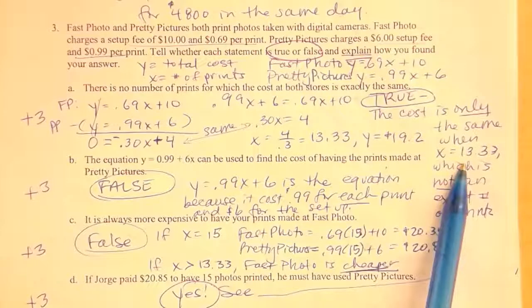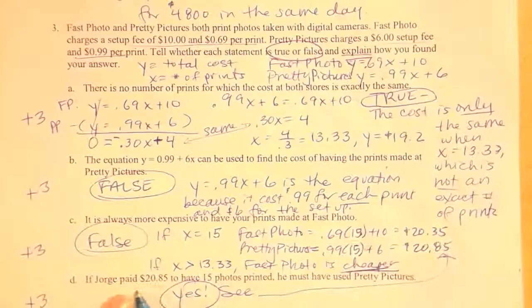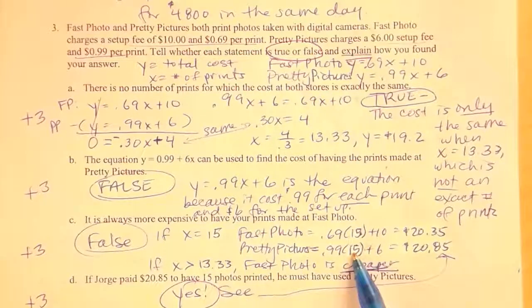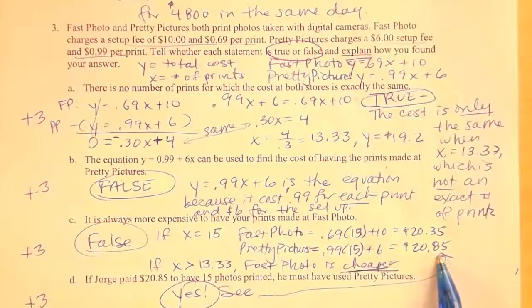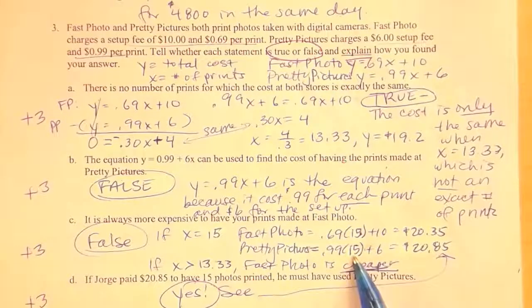When it's greater than 13.33, which one is more expensive? When it's less than 13.33, which one is more expensive? And then here, if Jorge paid $20.85, he must have used Pretty Pictures. Well, that was convenient for me because I had actually tried 15 photos in my modeling. So I happen to already know that Pretty Pictures produces a cost of $20.85 when 15 prints are purchased.